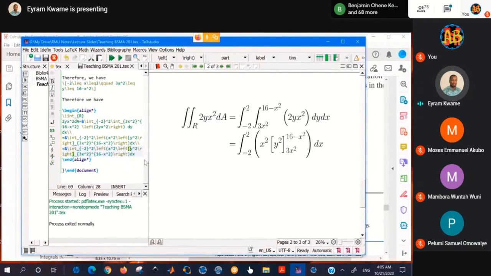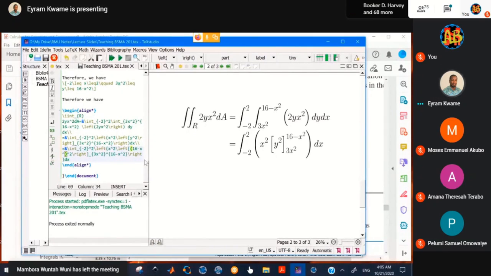I'm going to have open bracket 16 minus x squared all squared, minus open bracket 3x squared all squared. Good. Then it means that I have evaluated this, so I don't need this again. Let's run this and see what the output is.